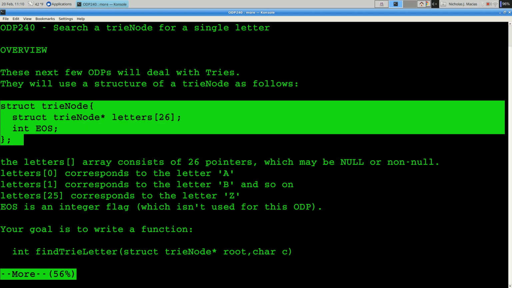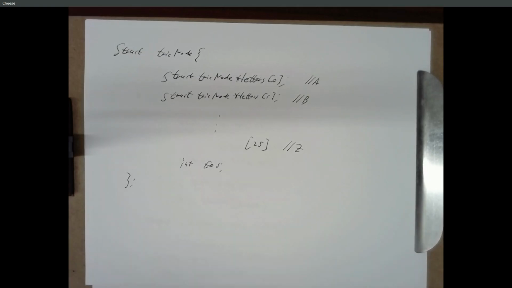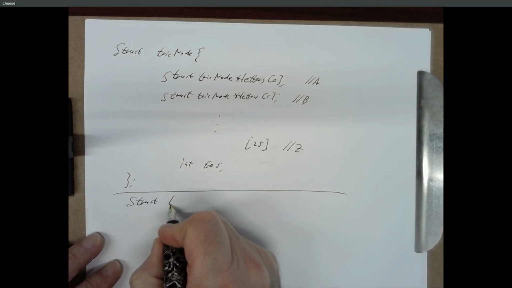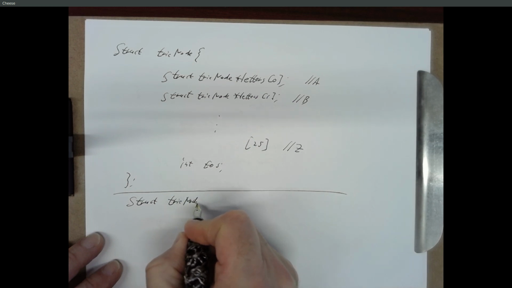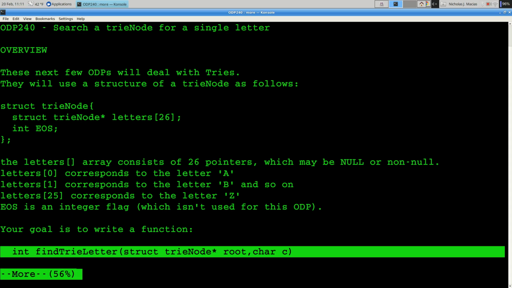Your function, which is find trie letter, is given 2 arguments. It's given the root of your trie, which is a struct trinode star, and a single character, which I'm just calling C. The goal of this function is to see whether or not that pointer in the root points to anything.